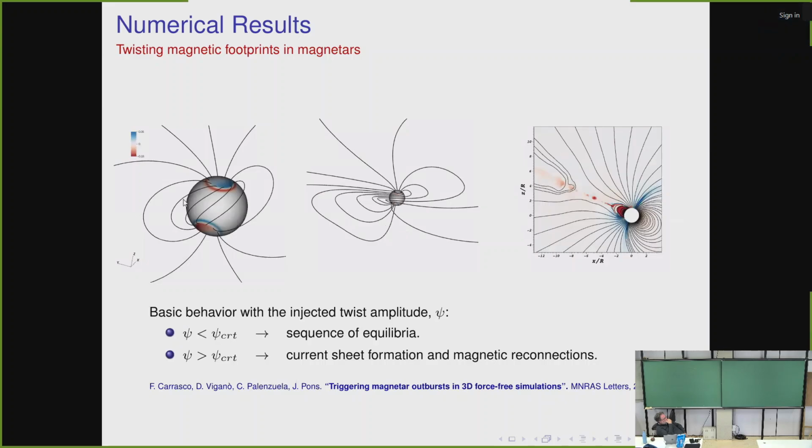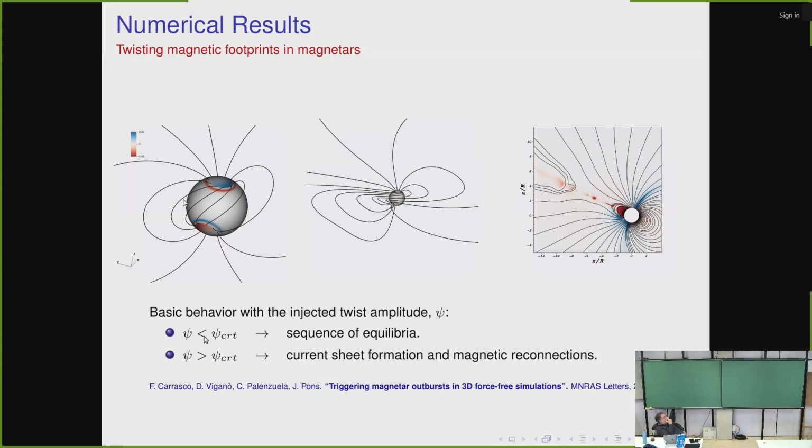So what we found: we extend previous work in axial symmetry to the full 3D scenario, and we confirm that indeed there is a critical twisting angle, the intensity of this twist of the footprints that you produce. If you are below this critical value, you can produce a sequence of equilibria in which you can accumulate, store this energy within the magnetosphere, but nothing really happens.